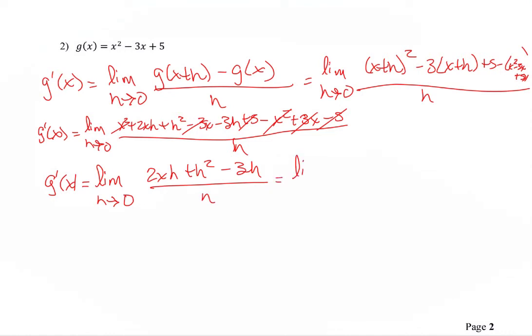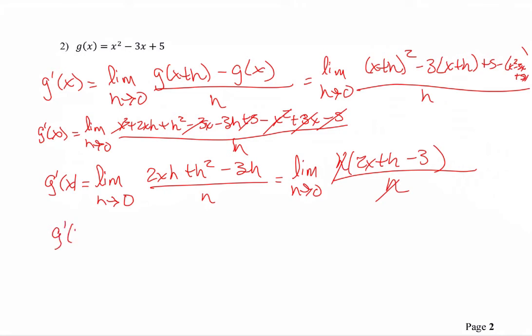So I'm going to factor out an h. The limit as h goes to 0 of h times 2x plus h minus 3 all over h. My h's cancel. So I have g prime of x equals the limit as h goes to 0 of 2x plus h minus 3.